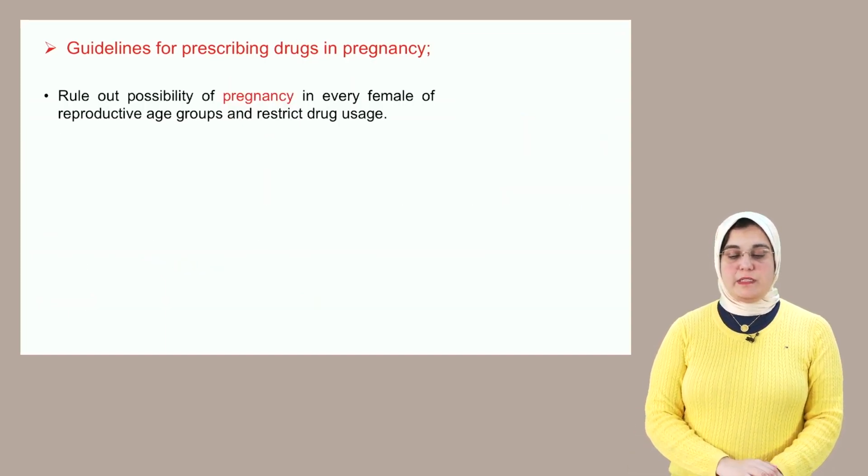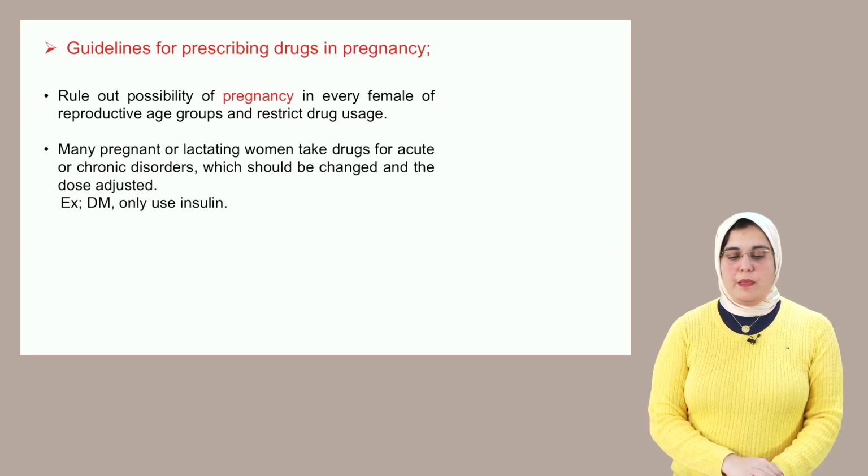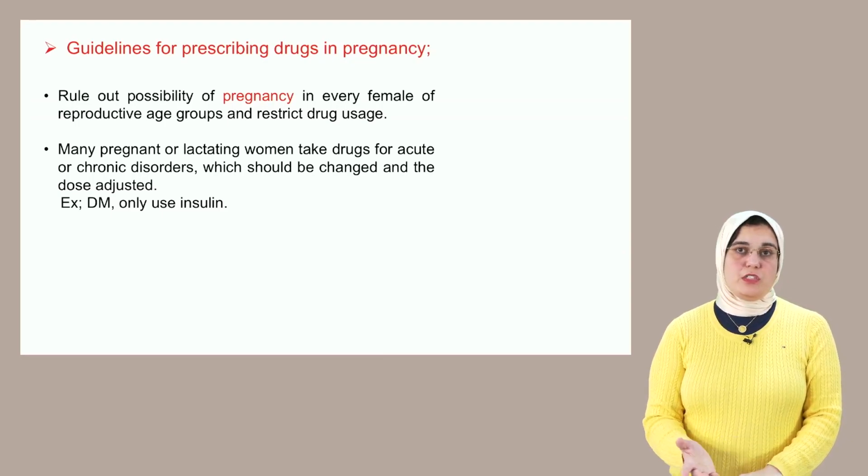Rule out the possibility of pregnancy in every female of the reproductive age group and restrict drug usage. Again, as I said to you, please ask your female patient whether she is pregnant or expecting pregnancy or not. Many pregnant or lactating women take drugs for acute or chronic conditions. That's normal.